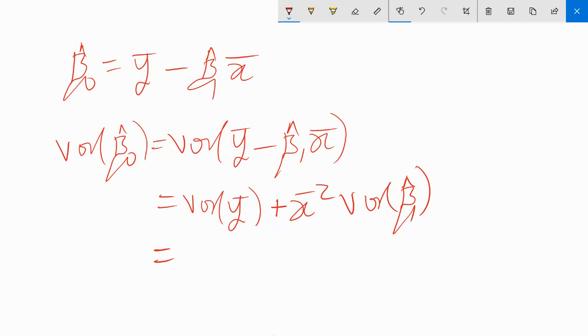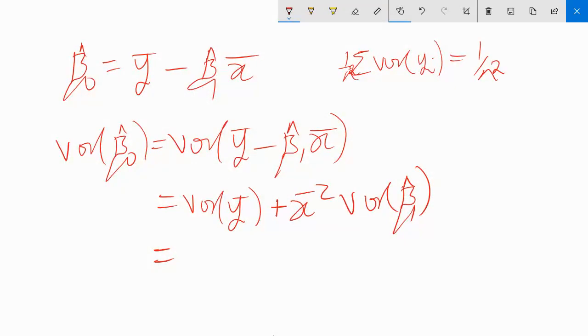Now, the variance of y bar is nothing but 1 over n, the variance of yi. Sorry, this is n squared.